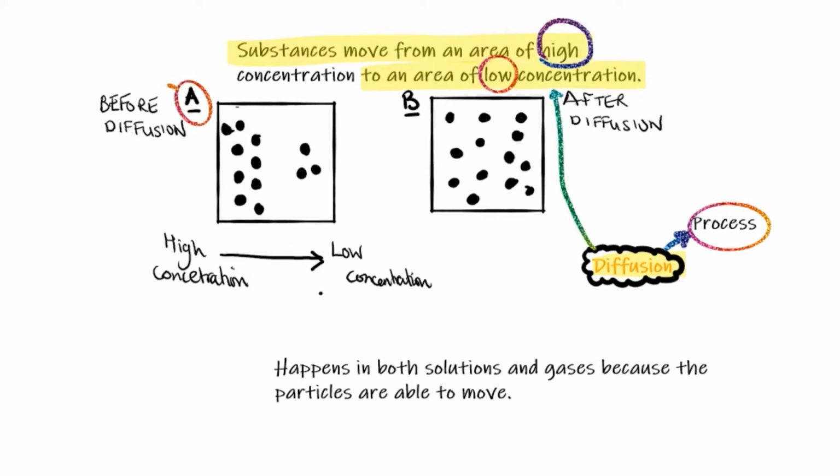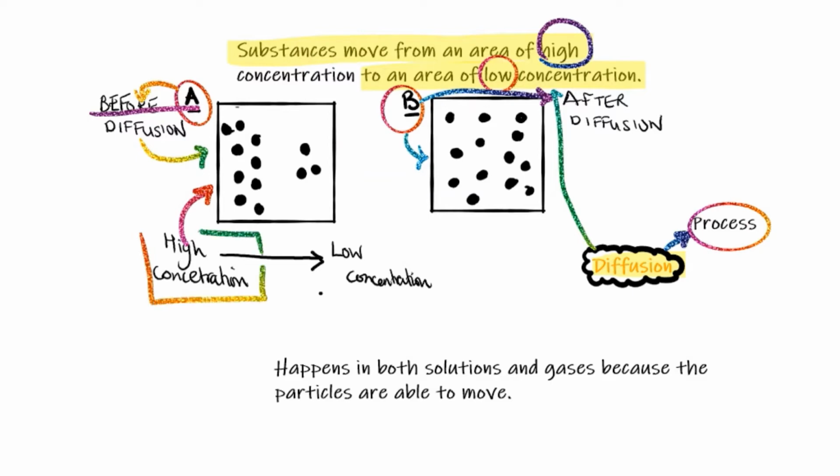Diagram A shows before diffusion. Diagram B shows after diffusion. We can see before diffusion we have an area of lots of particles, so this is an area of high concentration, and an area with fewer particles, so this is an area of low concentration.